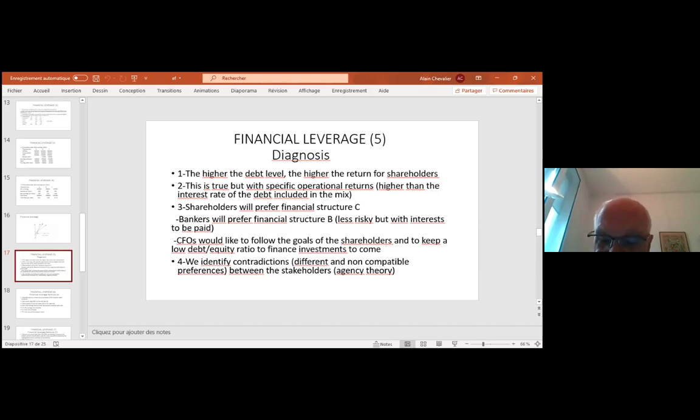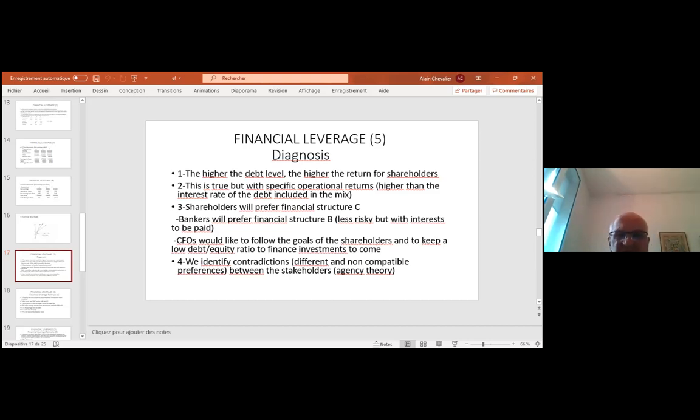So they have two different goals. They want to adapt to the goals of a shareholder, to be in line with them, but they want also to keep debt capacity and a low debt equity ratio. So they cannot have both at the same time. They have to make choices.